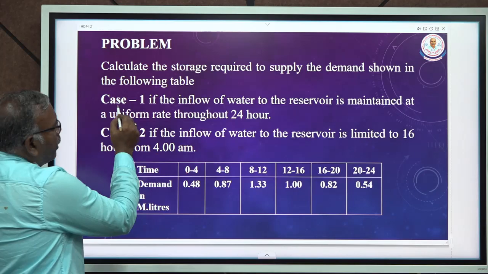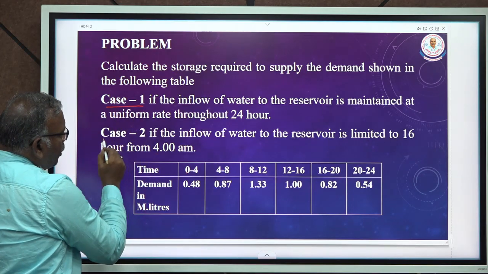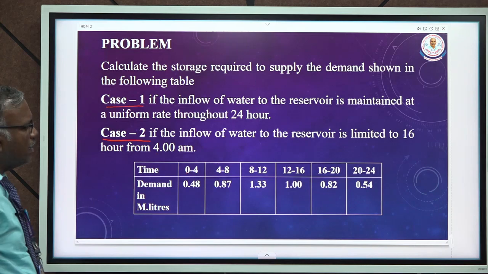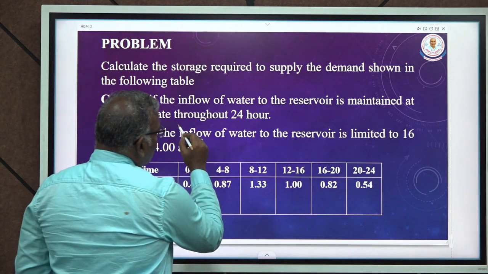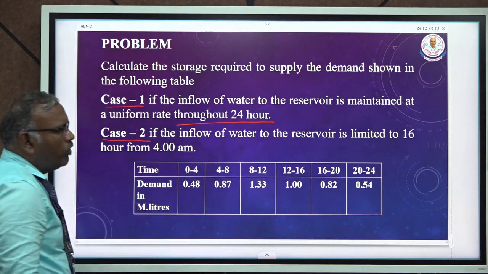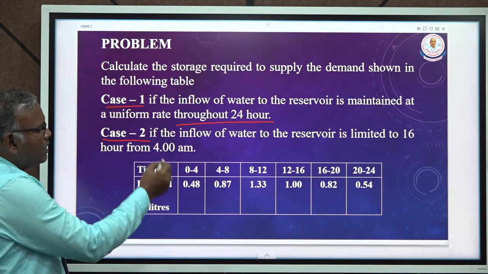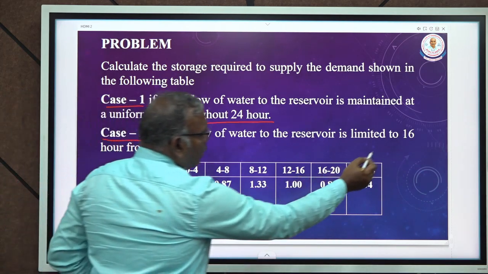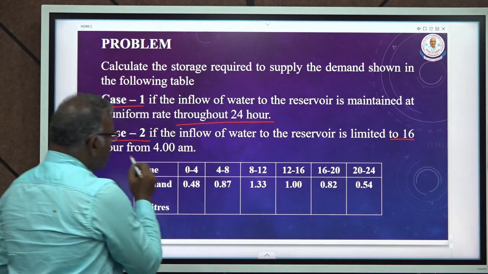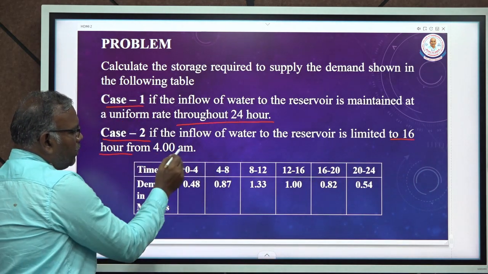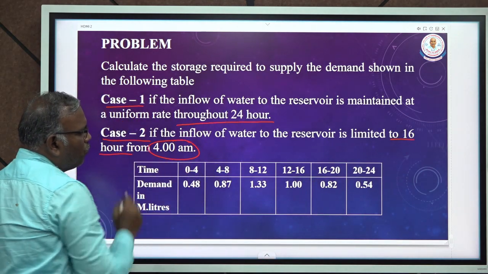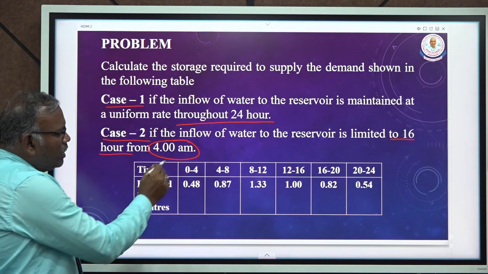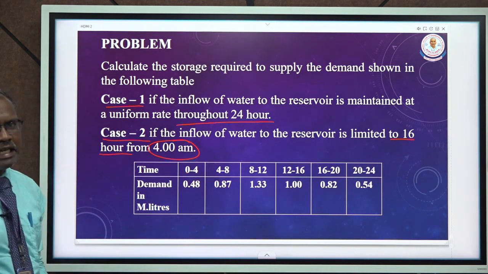Here two different cases are given. The first case is where the water supply is done continuously for 24 hours, and in the second case the water supply is done only for a limited period of 16 hours. The 16-hour time period starts from morning 4 am. From 4 am the water is supplied continuously for 16 hours.